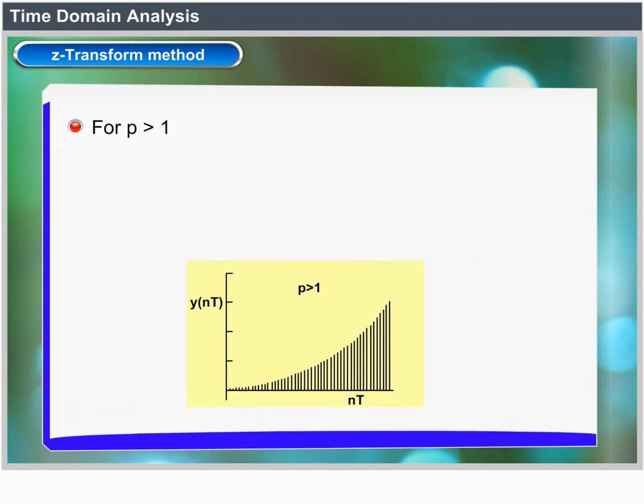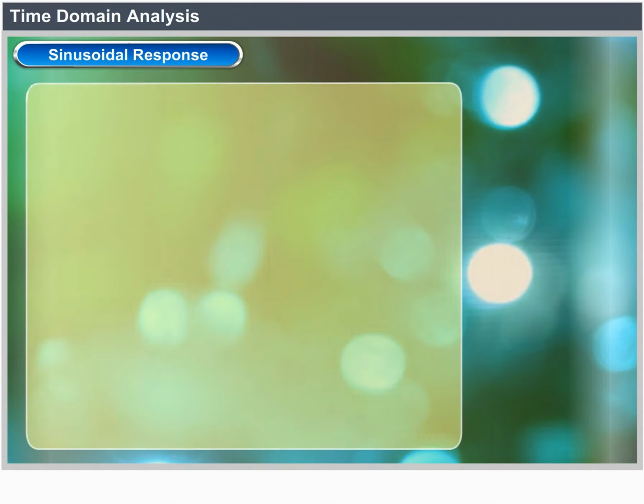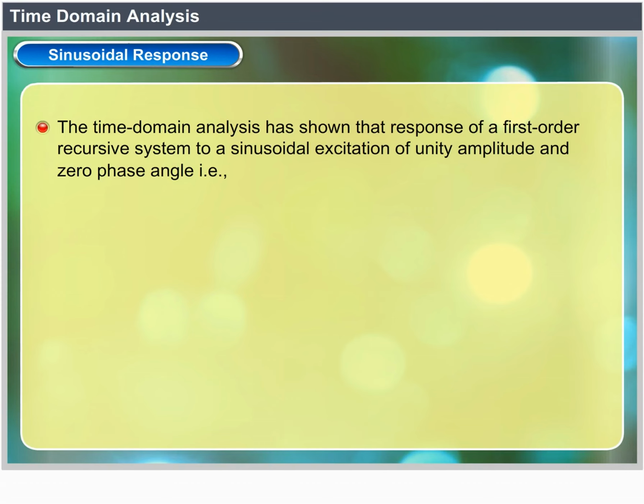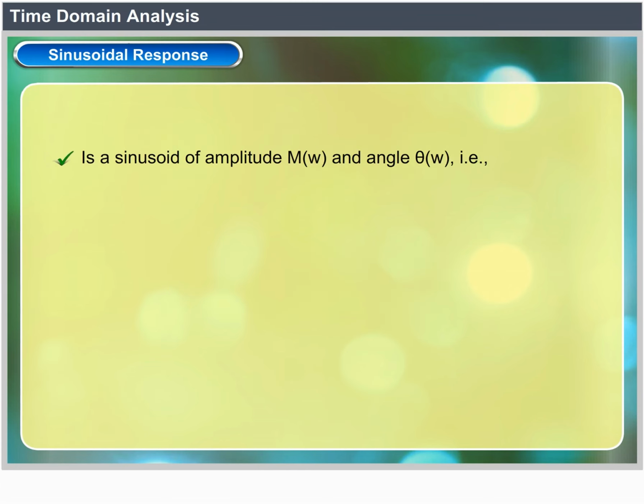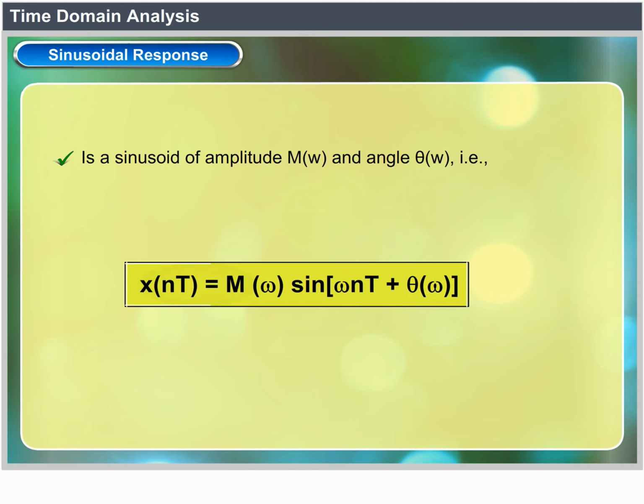Sinusoidal response. The time domain analysis has shown that the response of a first order recursive system to a sinusoidal excitation of unity amplitude and zero phase angle, that is, x(nT) = sin(ωnT), is a sinusoid of amplitude M(ω) and angle θ(ω), that is, y(nT) = M(ω)·sin(ωnT + θ(ω)), provided that the transient component decays to 0.